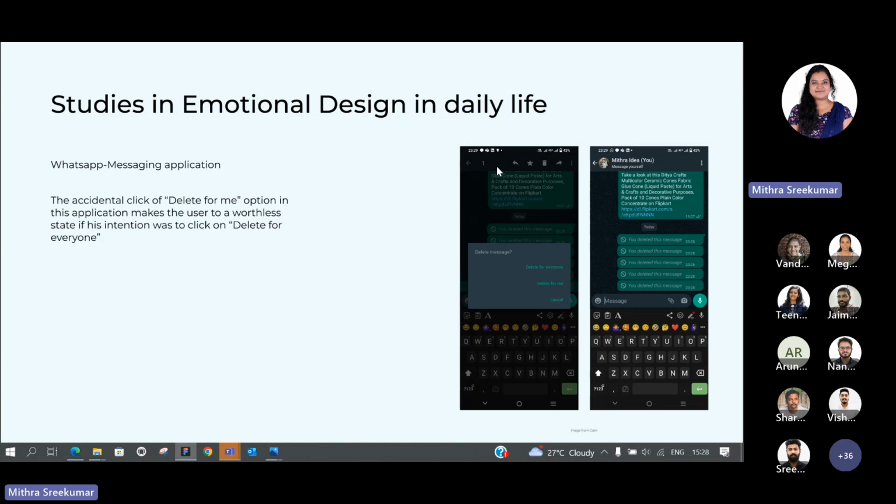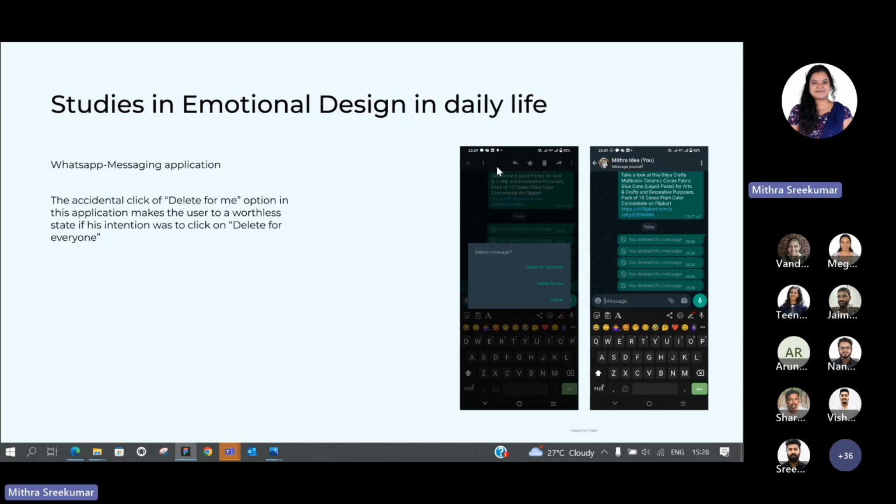As I have personally experienced it, I have that negative emotion there, and also that fear that any time when I go to message, I have that fear in my mind. So that is a negative emotional interaction that we face sometimes.